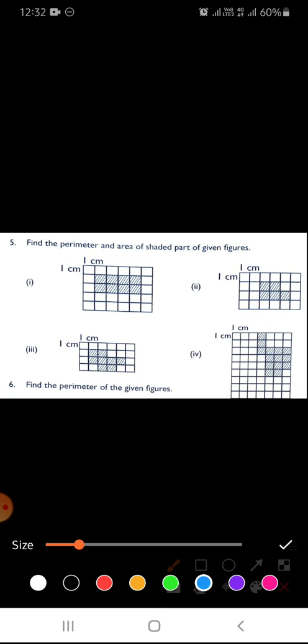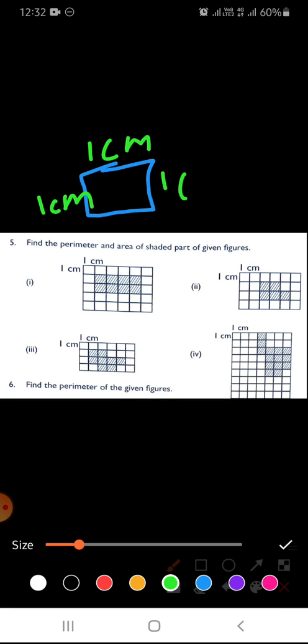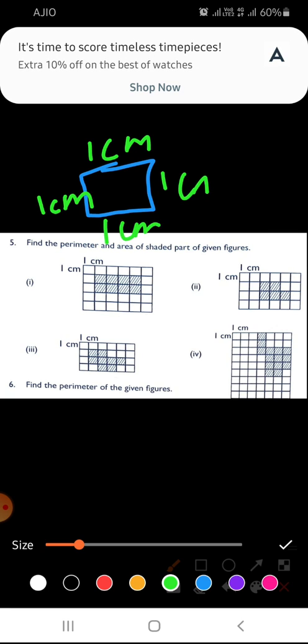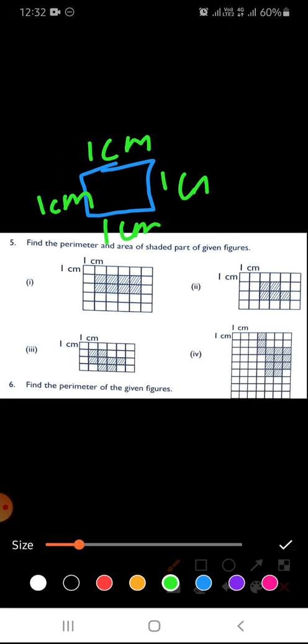So how you will do that? As you can see here, it is clearly said that this box is 1 centimeter this side and 1 centimeter this side. Here this will be 1 centimeter, and here this side also 1 centimeter. So we can say that it is a square. Now we know that the area of a square is side multiplied by side.